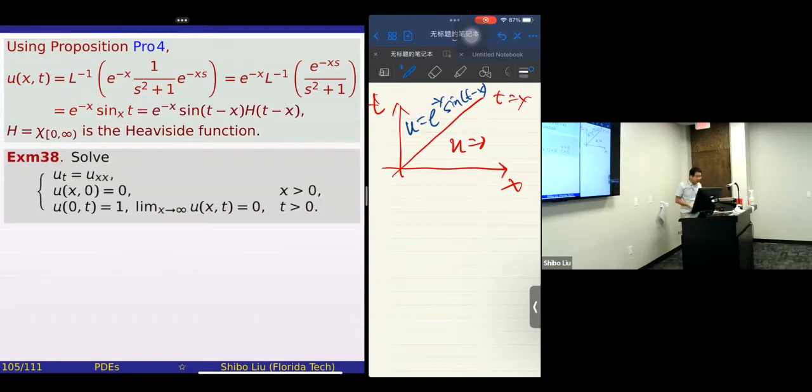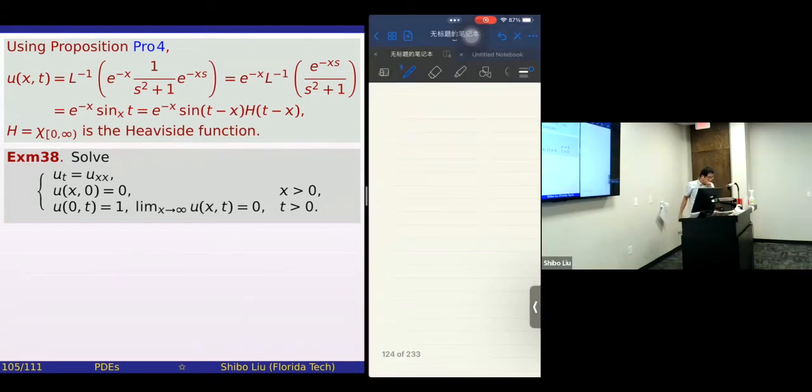Now we consider a second order PDE. This is the heat equation. The initial condition is 0, u of x, 0 is 0, right? But for the boundary condition, our x is not restricted to an interval. x is non-negative, also containing 0.